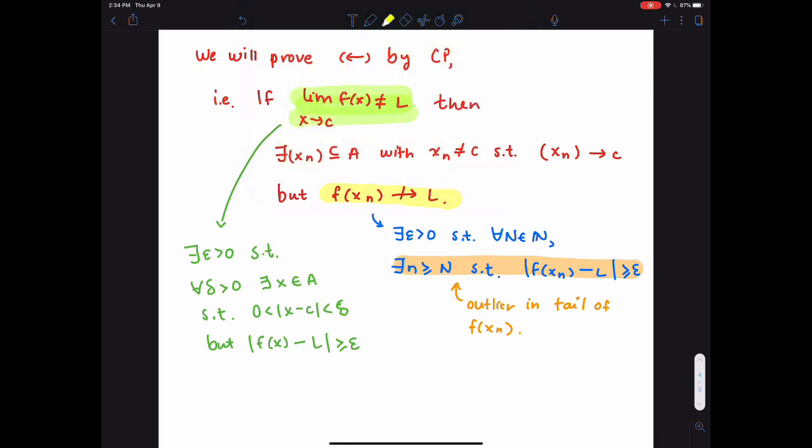So here, my statement that's saying I have an outlier is this highlighted statement.